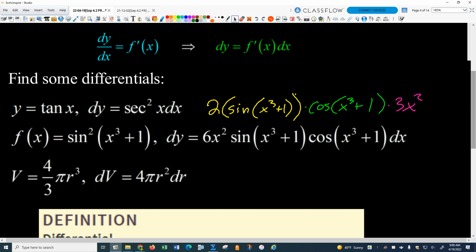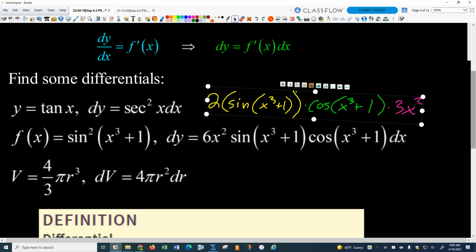And just a quick review of the chain rule stuff. If we were going to differentiate that, well, what's the derivative of the square? 2 times the inside, right? So there's the first layer of our chain rule, okay? And then if we look inside the next layer, what's the derivative of sine? Cosine, right?